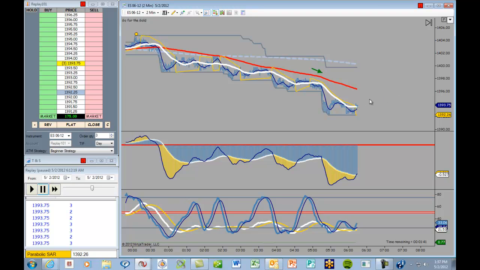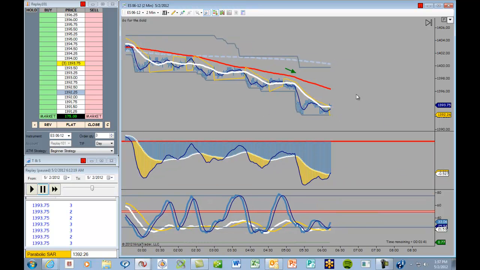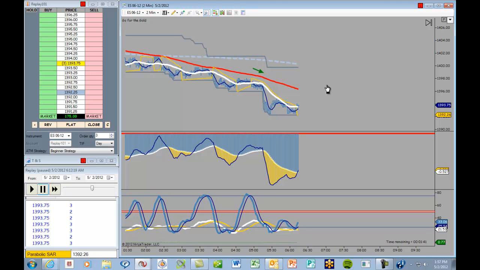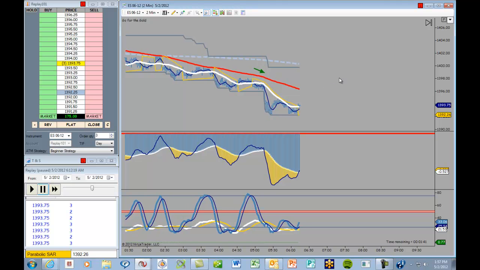So either way, we're going to get some upward movement here, and because of this little 1, 2, 3 bottom, I think that it's maybe not as risky as it might be otherwise.